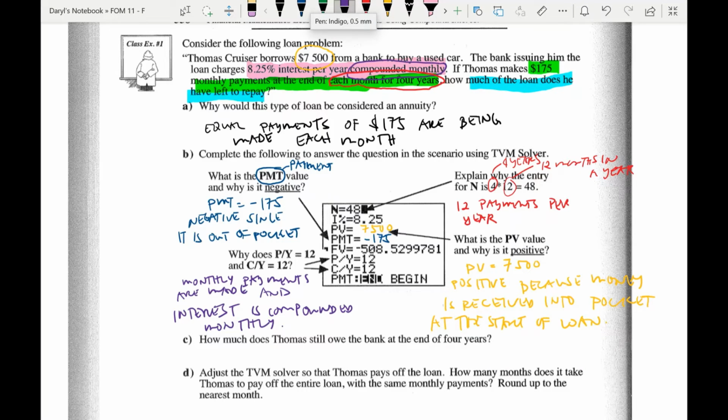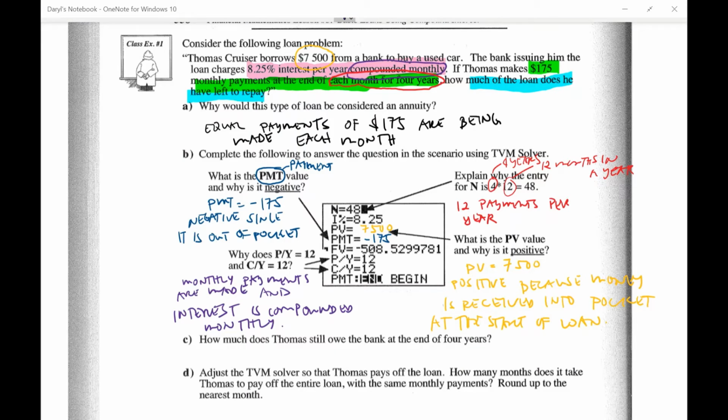It doesn't necessarily have to be that way: PY stands for payments per year, the number of payments in a year, and CY is how many times the interest is compounded in a year. So it doesn't necessarily mean that these should be equal in all cases. It can be different.